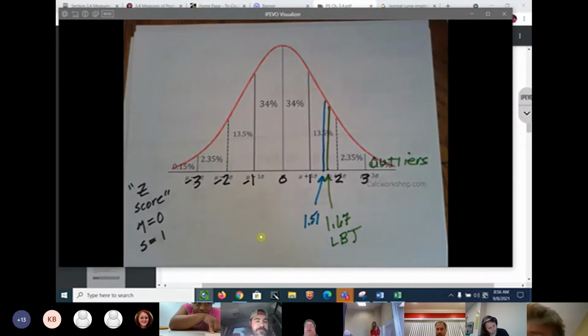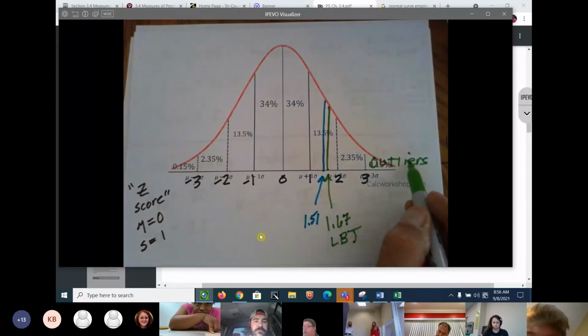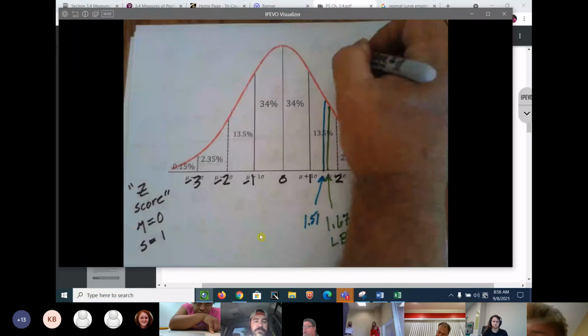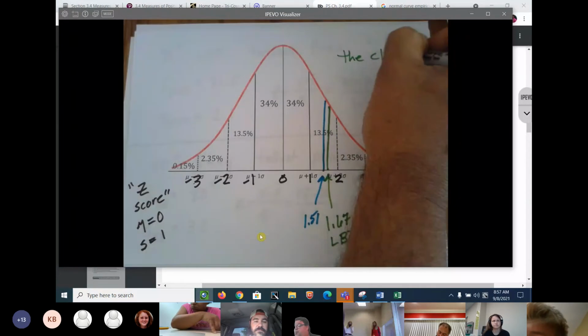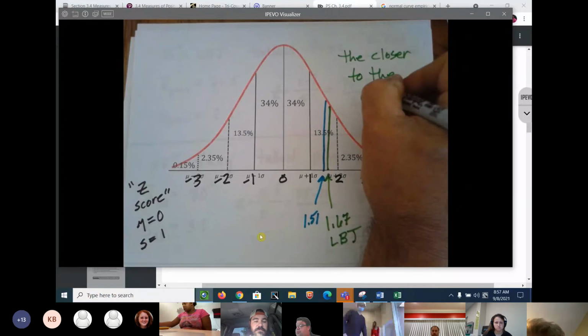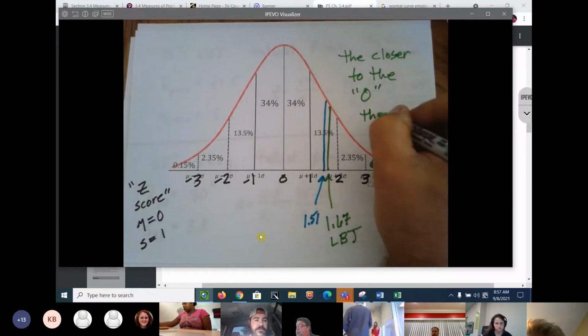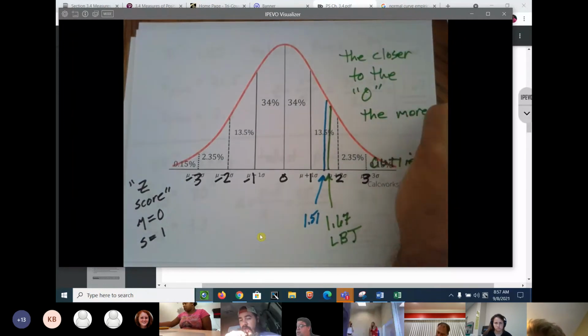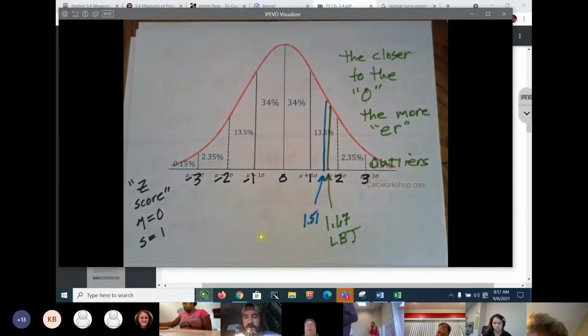Therefore, LBJ is relatively taller. The closer to the outliers, the more ER you are, in this case, taller.